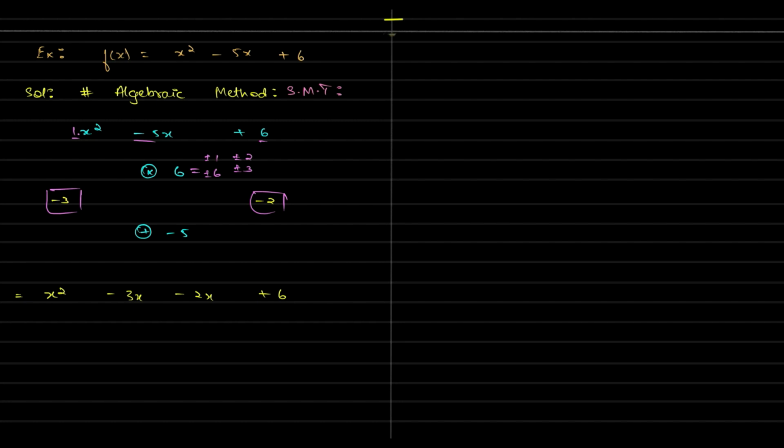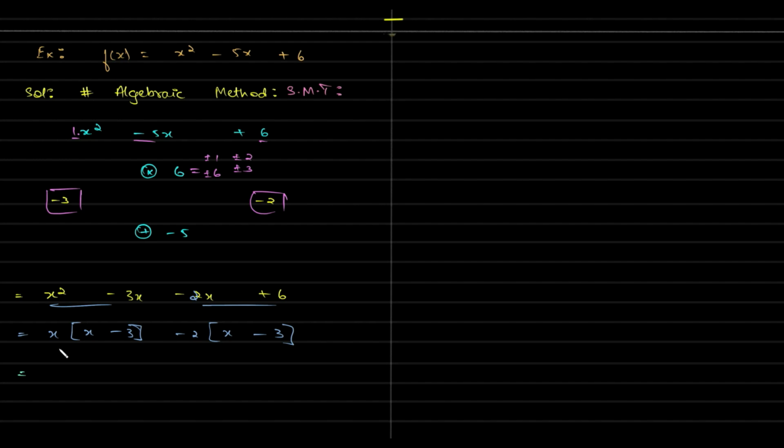Now let's figure out the common factor. In the first set of terms we have x, so x minus 3. In the next set of terms we have -2, so we have x minus 3. Again, I'll explain this in detail in time.